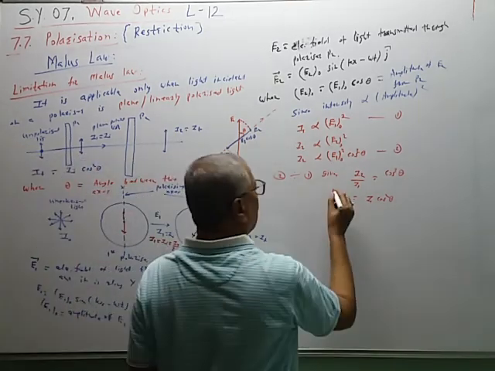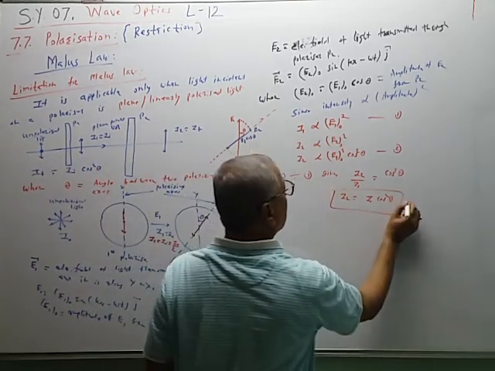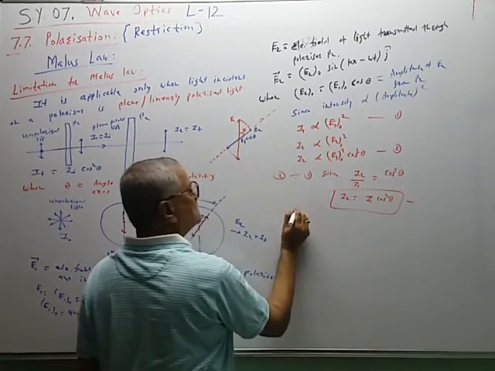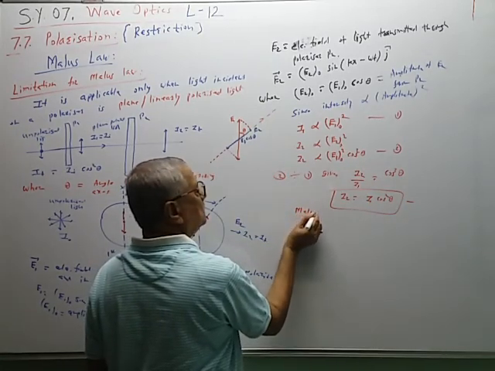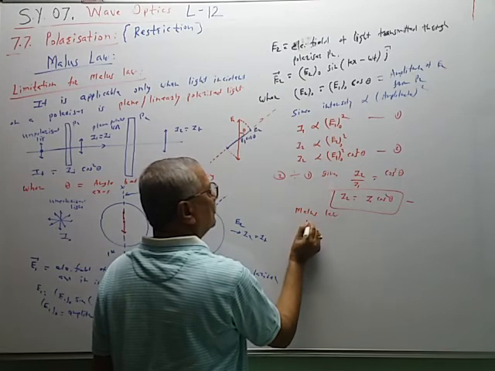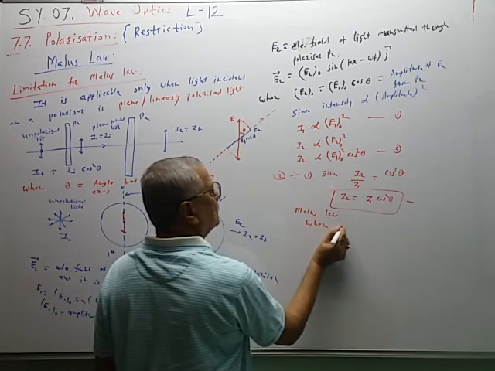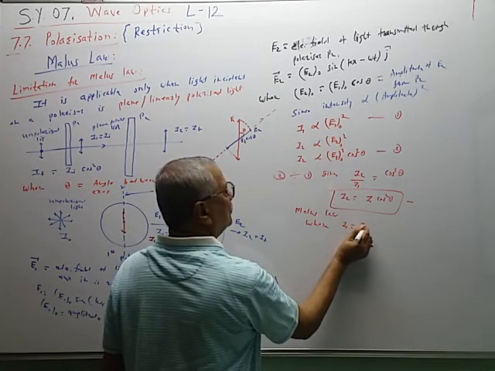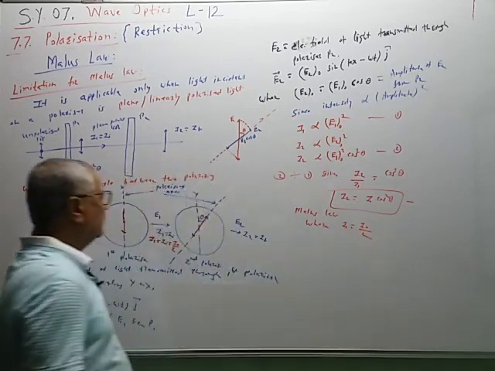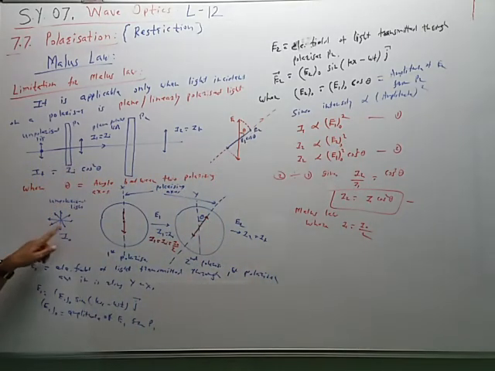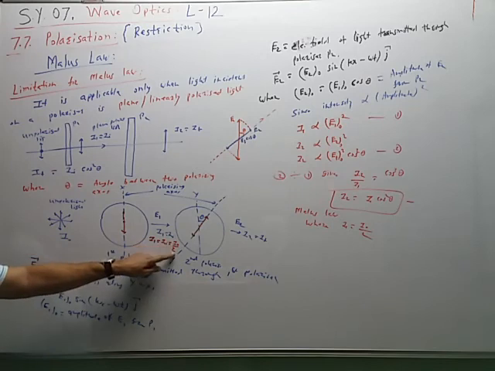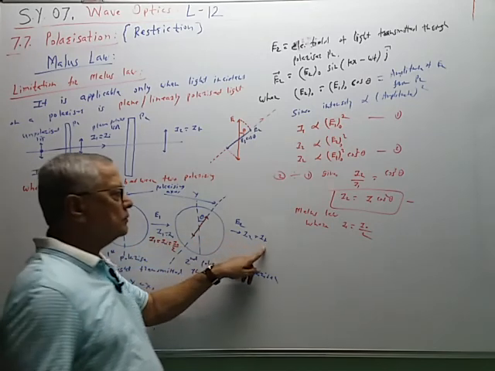This is Malus law, where I1 is equal to I0 by 2. Incident intensity is I0, half of it will be I0 by 2 here, and we will get even less than this.